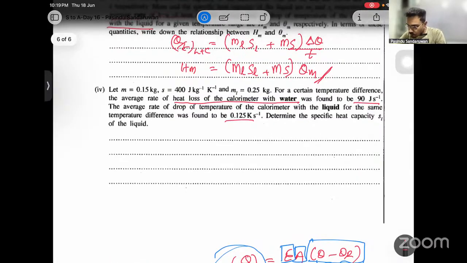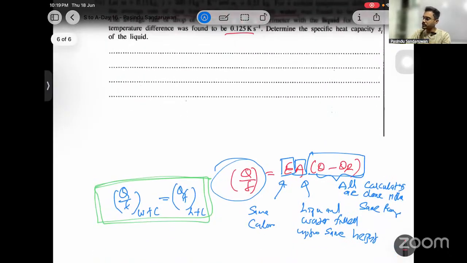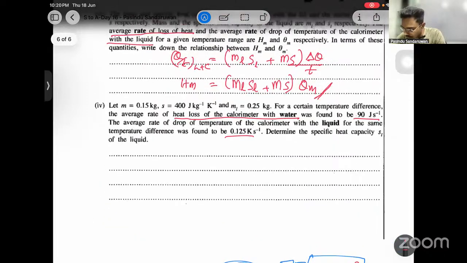HM is given. Even if that is given for water, the Q over T are equal. That is what we just proved. So HM can be used as 90. That is 90, then 90 equals ml SL plus MS, where ml is the mass of liquid, 0.25.